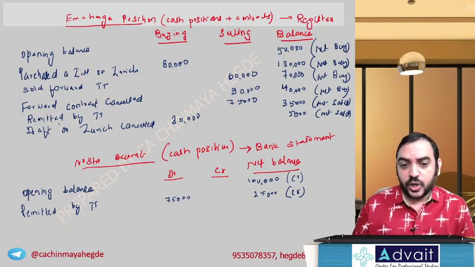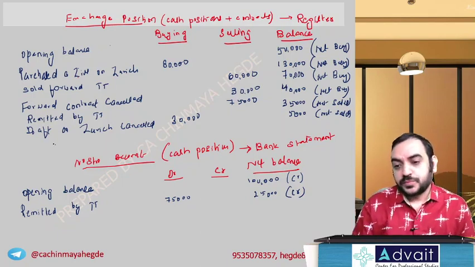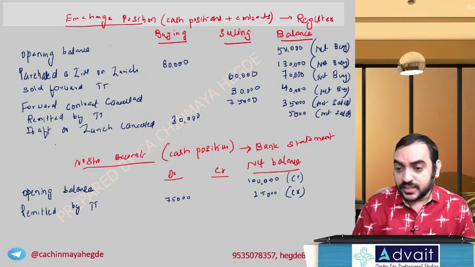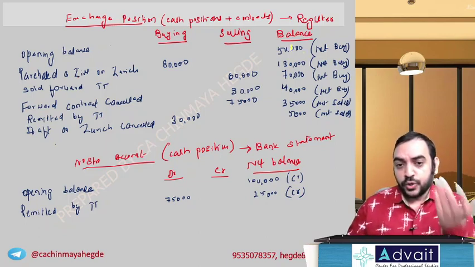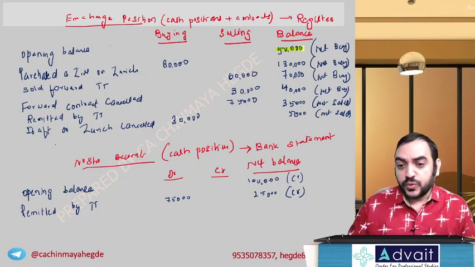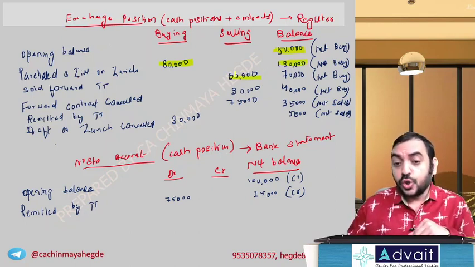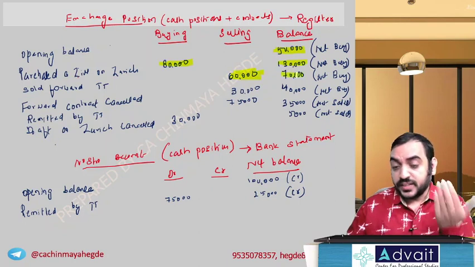I hope you are clear on all the transactions here. How is the balance 35,000? Let me show you the balance from the beginning. 50,000 was there. You added 80,000, so it became 1,30,000. Out of that, you sold 60, that means 70.